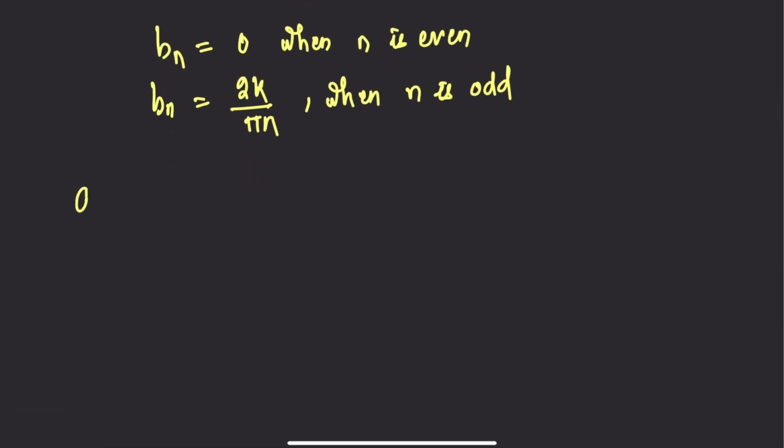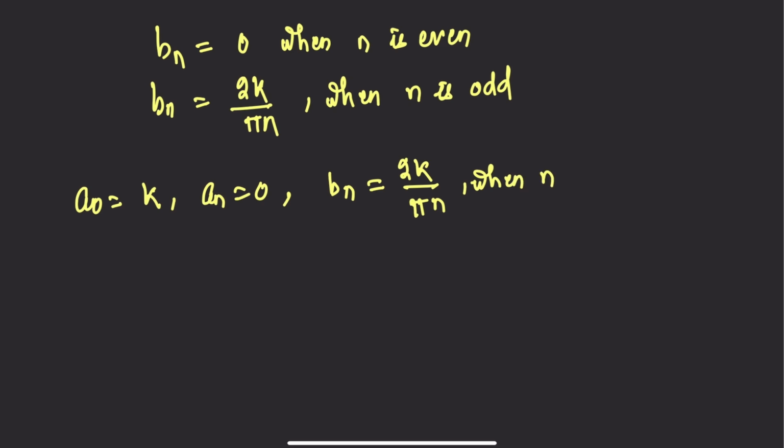We found a0 equals to k, an equals to 0 and bn equals to 2k by pi n when n is odd. Okay.